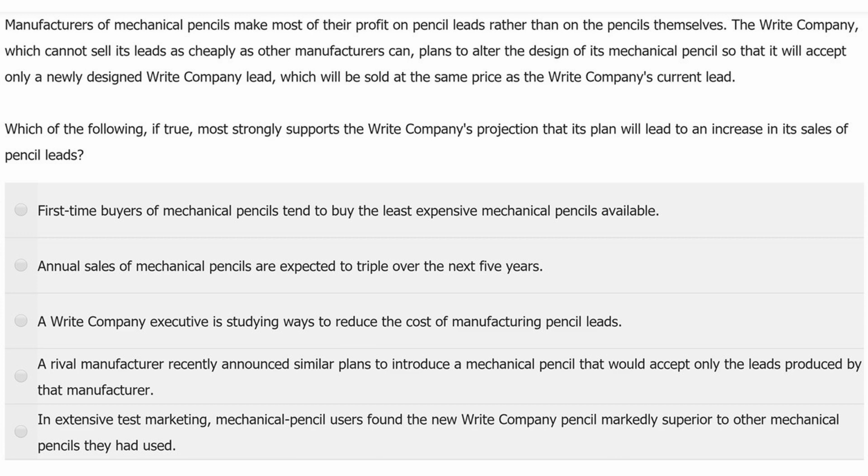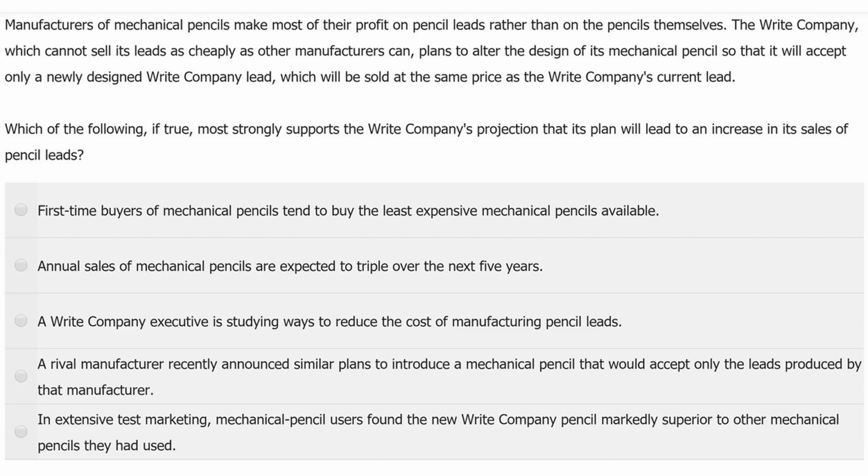And if no one buys that, then no one's going to buy your lead. Therefore, I'm looking out for an answer that removes a weakness such as that and says that maybe people will buy that mechanical pencil. And second of all, I'm going to be quite focused on an answer relevant to an increase in sales of that mechanical pencil and pencil leads for that company.